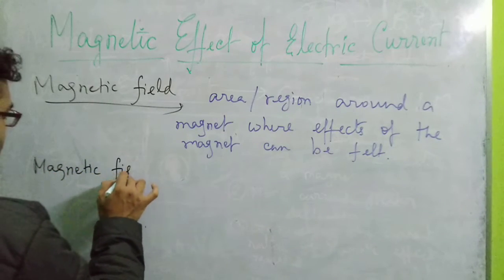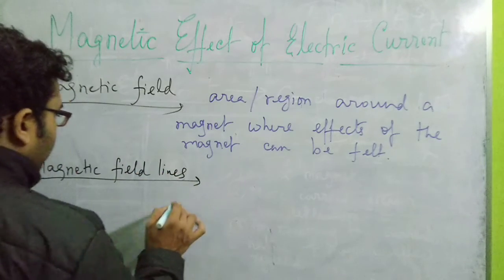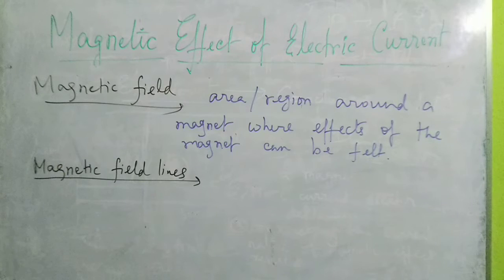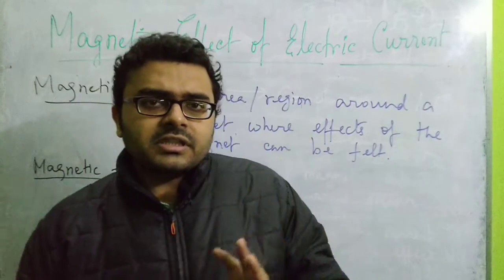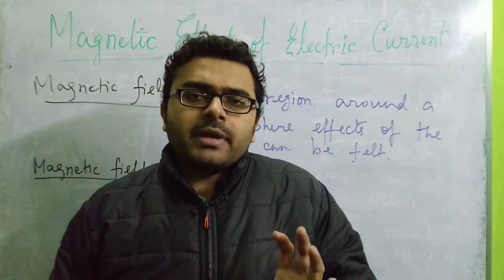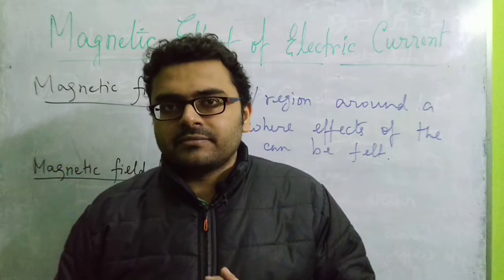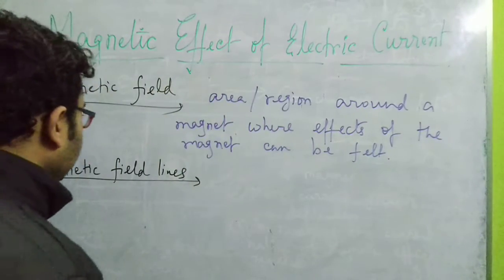These are imaginary lines that you can consider to be present around a magnet, along which the magnetic force seems to act.